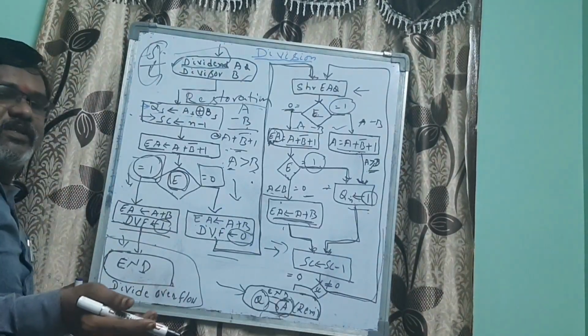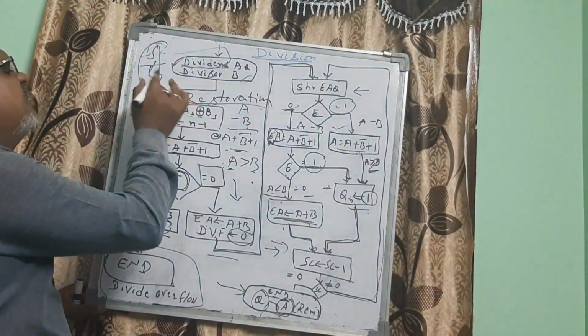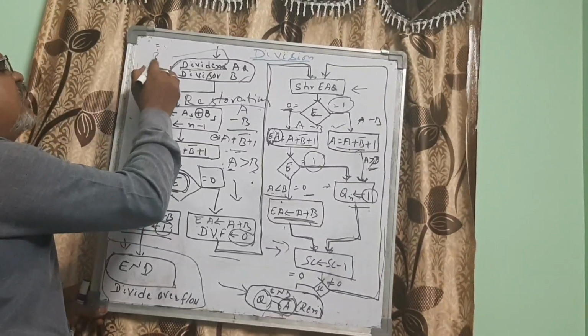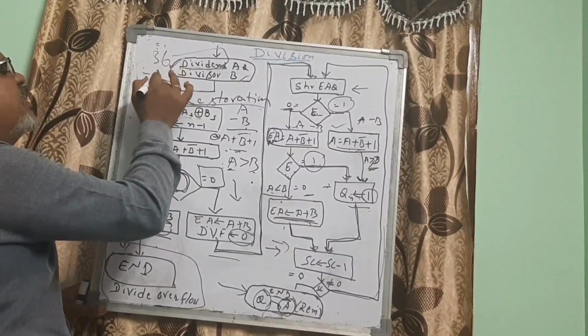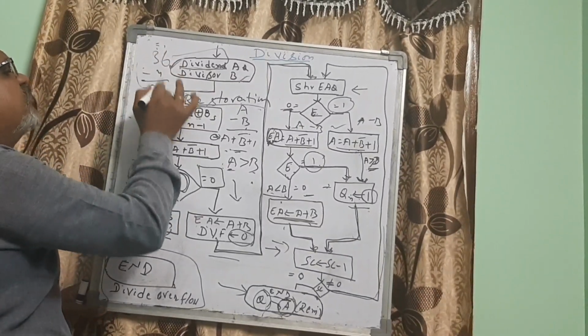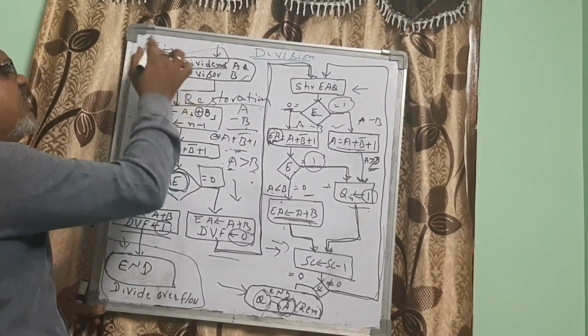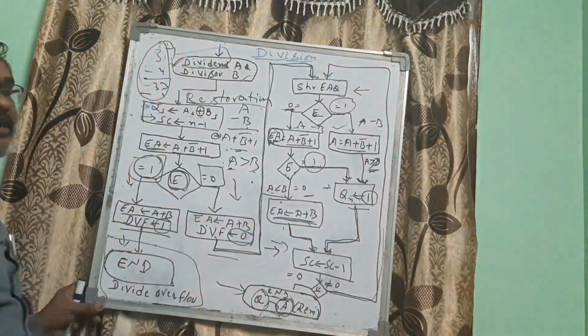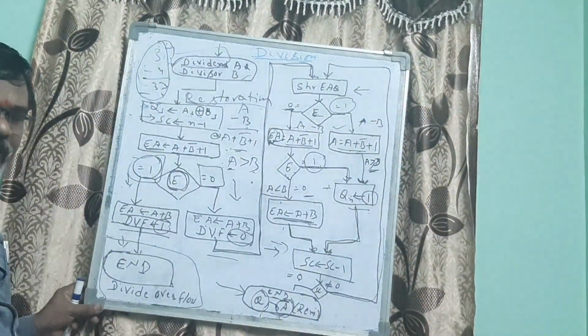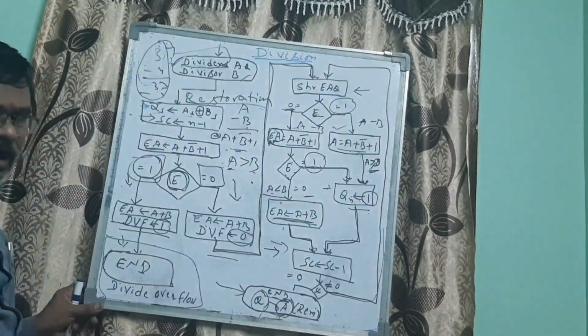So that is the comparison method. Like I told you, 36 minus 4, again 32 minus 4, say we have taken the example 37, then 33 minus 4. This is performing the division using the comparison operation.